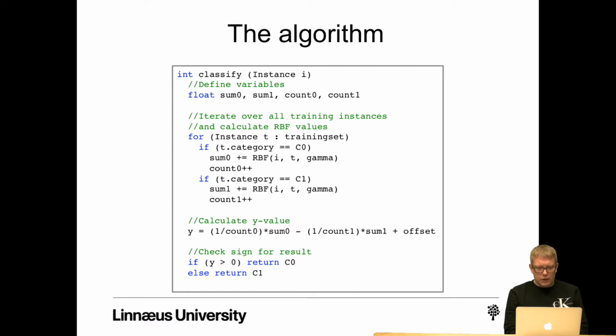The Y value is 1 divided by count 0 multiplied by sum 0, minus 1 divided by count 1 multiplied by sum 1, plus an offset value, which we will return to soon. And then we can simply check the sign of the result: if Y is above 0, we classify it as category C0, otherwise we categorize it as C1.